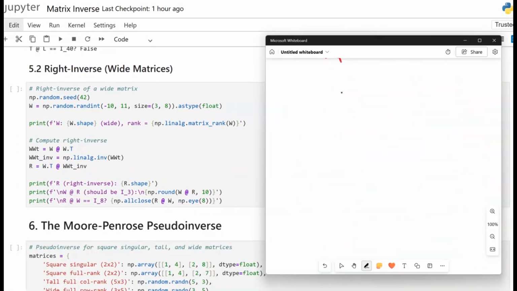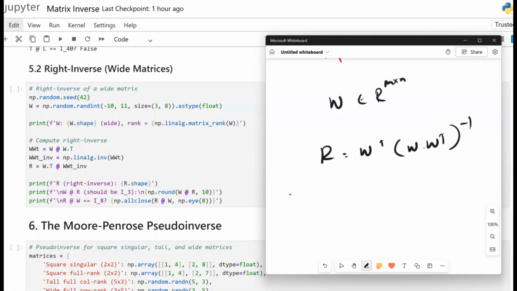Dear friends, as with the left inverse, here in the right inverse also, by symmetric reasoning, a wide matrix W lies in R^(M by N). Yes, it is a rectangular matrix with full row rank that has a right inverse. That means R equals W transpose multiplied by (W W transpose) whole inverse.